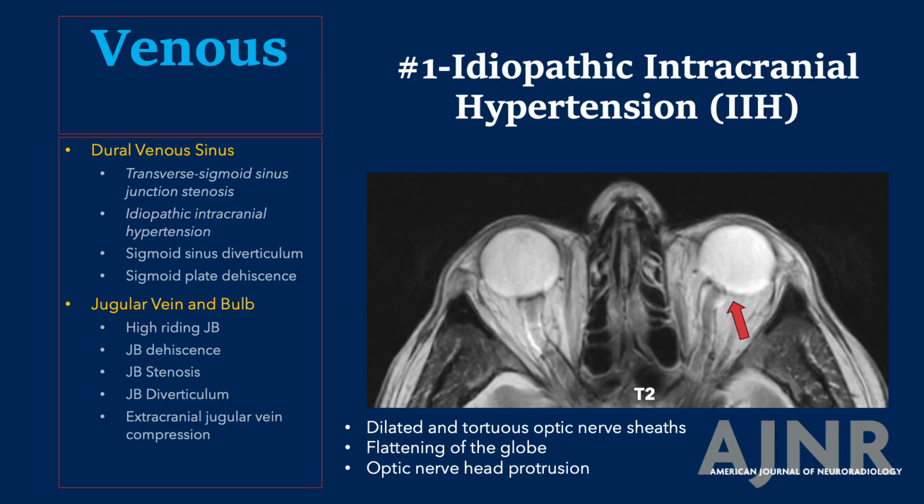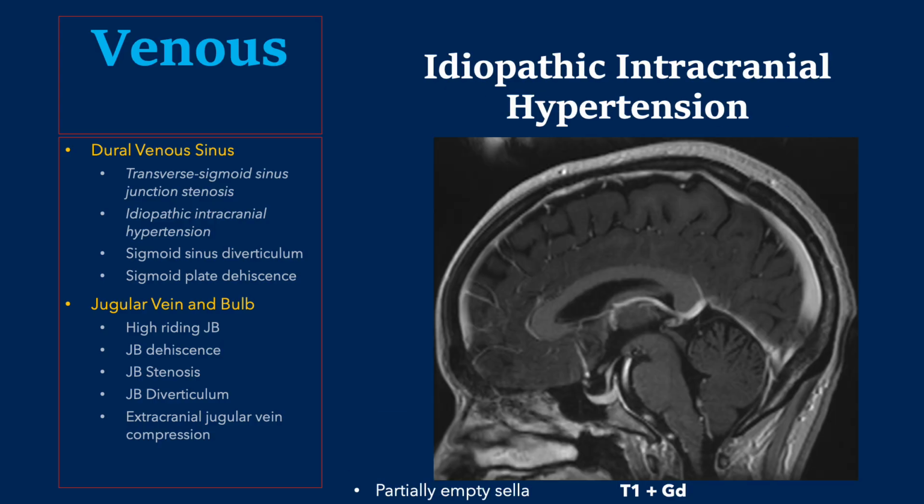The first case is idiopathic intracranial hypertension. The imaging findings include dilated and tortuous optic nerve sheaths, flattening of the globe, and optic nerve head protrusion into the back of the globes. It is usually associated with a partially empty sella.